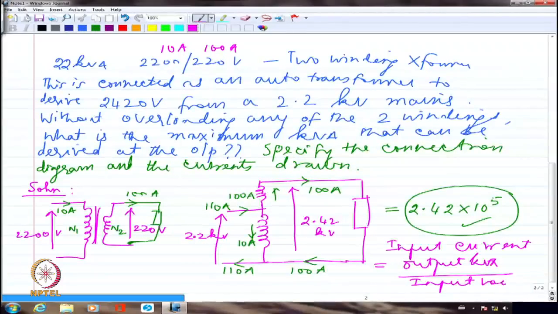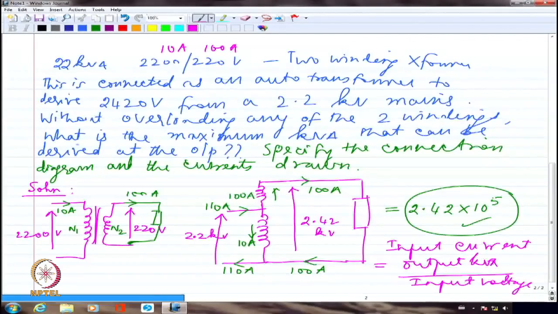Right? So output kVA is 2.42 into 10 power 5. So that divided by 2200 will automatically give me what should have been the input current if I want this as my output kVA, which is same as input kVA. So this gives me 110 amperes directly. So 110 amperes I am supplying from the source.